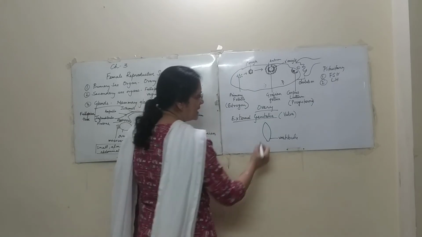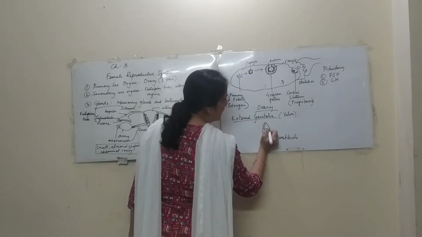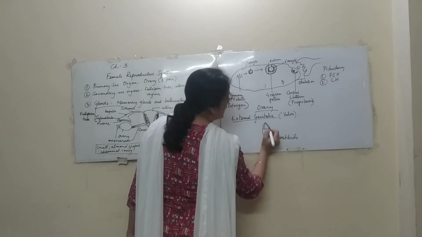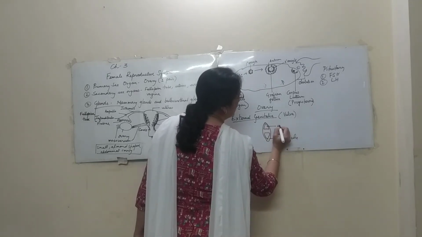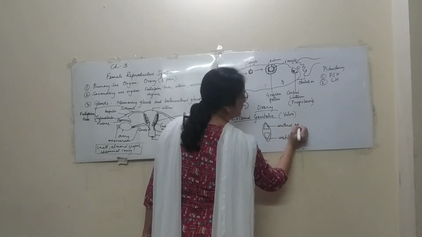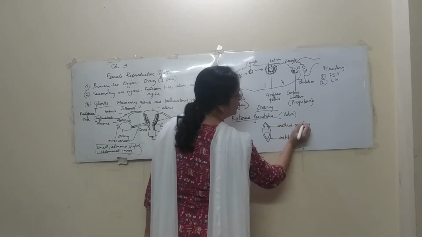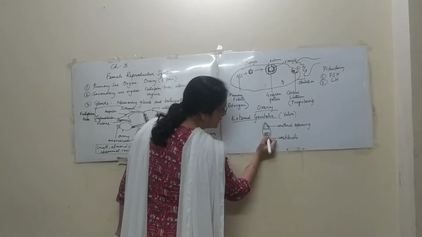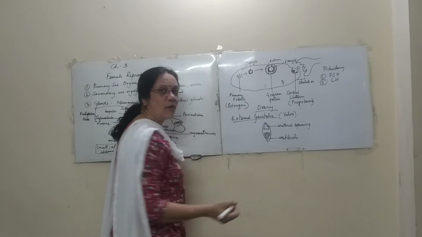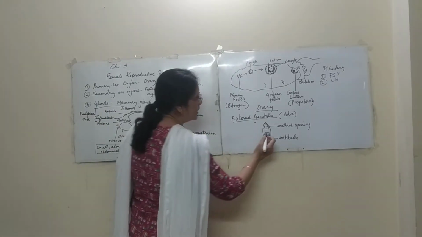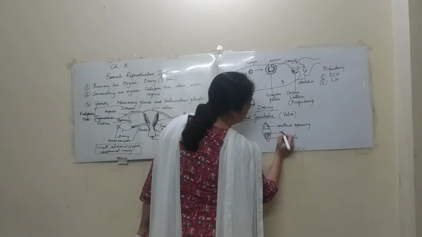In the vestibule you will see two openings, one upper and the other lower. The upper opening is the urethral opening, through which the urine passes out, and the lower opening, which has a thin membranous covering that we just studied as the hymen, is the vaginal opening.